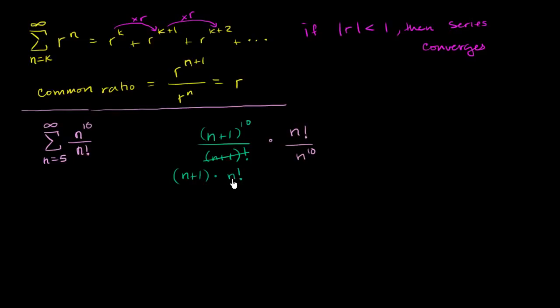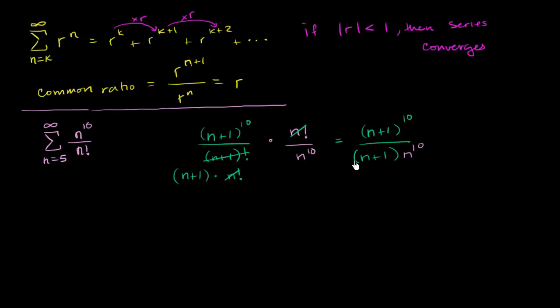You're not used to seeing order of operations dealing with factorial, but this factorial only applies to this n right over here. And why is that useful? Because this n factorial cancels with that n factorial. And we're left with n plus 1 to the 10th power over n plus 1 times n to the 10th.